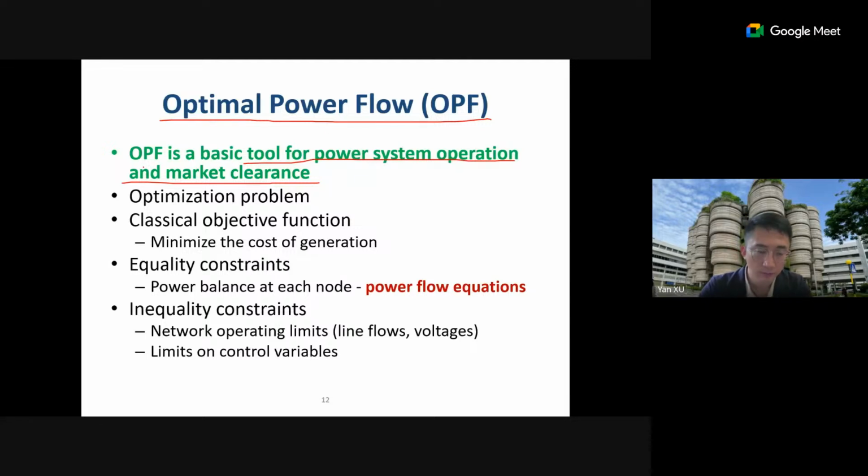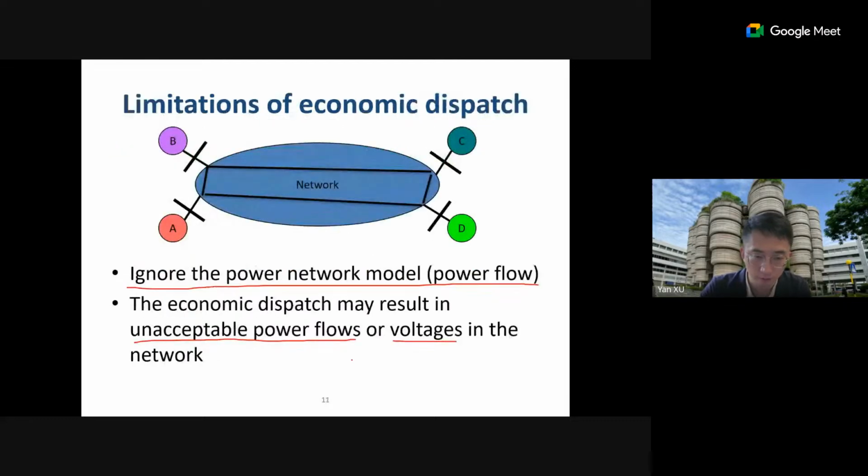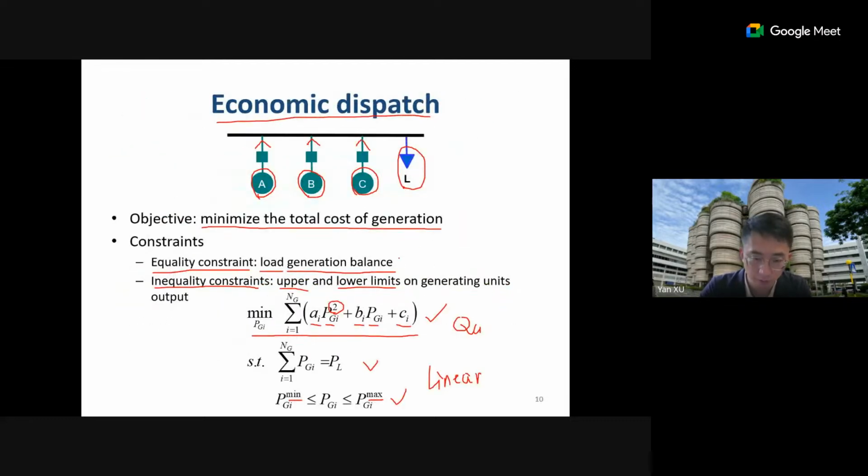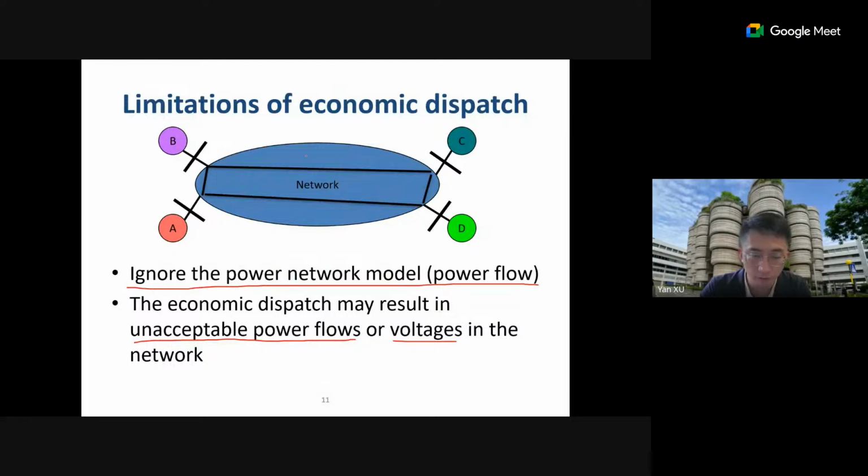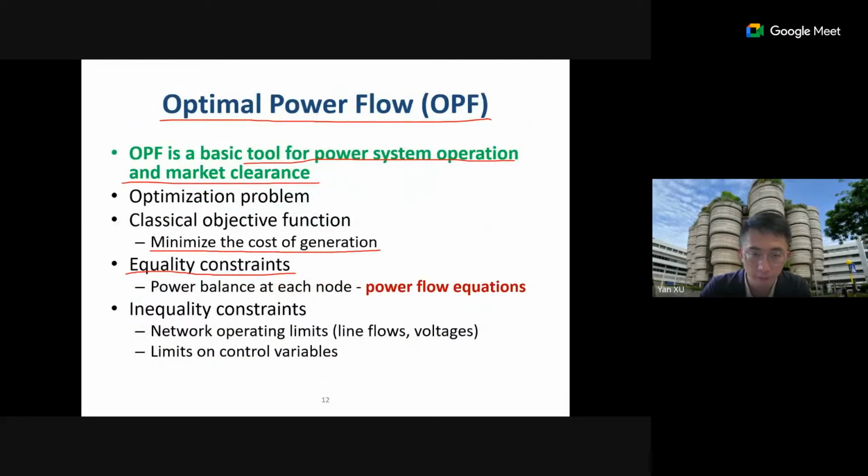Similar to economic dispatch, for the objective function, we can minimize the total cost of the generation output. However, a very important difference comes from the equality constraint. For economic dispatch, we don't consider the power network, right? No power flow model is considered. But for OPF, power flow equations are considered as the equality constraint.